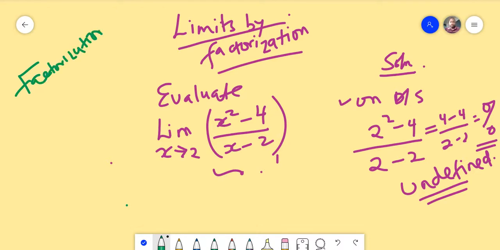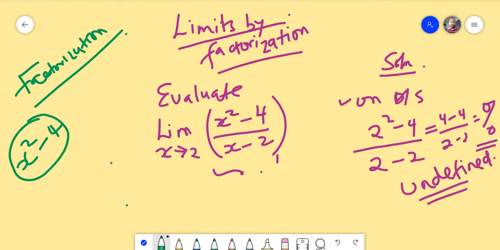So how do we go about factorization? First, we look at the numerator, isn't it? So the numerator is x squared minus 4. It's an expression of order 2, because it has an x squared. So it is one that we can factorize, and then we see how we can get a term that can cancel with the denominator.